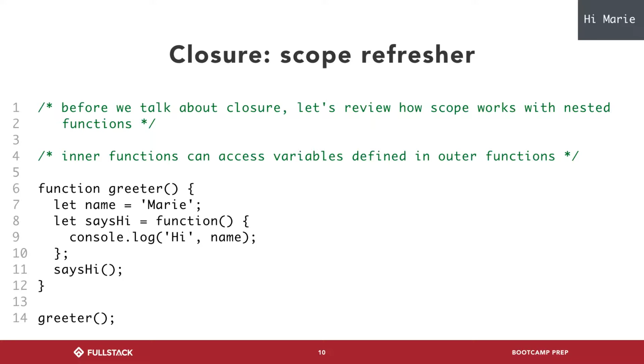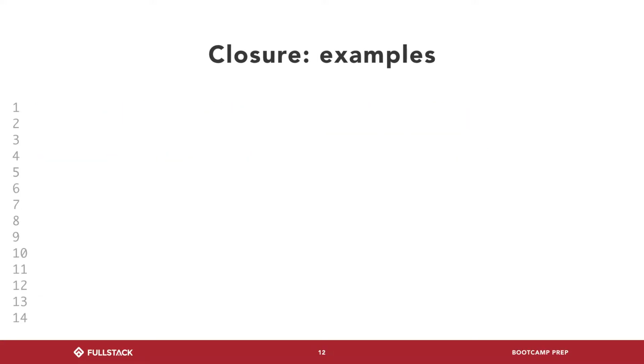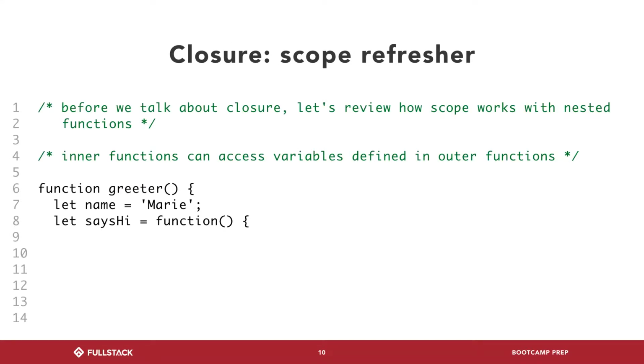Cool. In this example, it's a little bit contrived, but obviously, I think you can all look at this and feel very comfortable. Well, obviously it has access to name because I'm using name here, and right above it we define name, and so therefore it must have access to it, right? This is the idea of closure, because now what we're going to do is, oh shoot, okay, sorry.